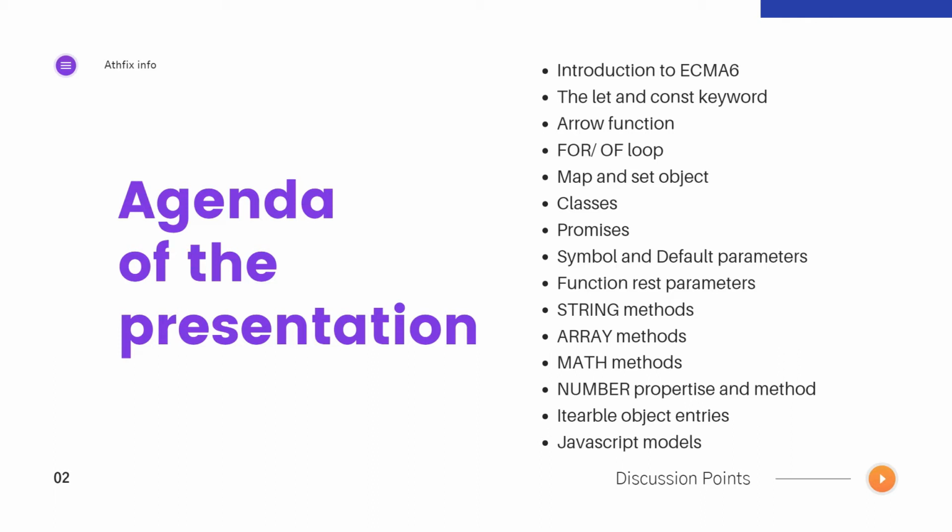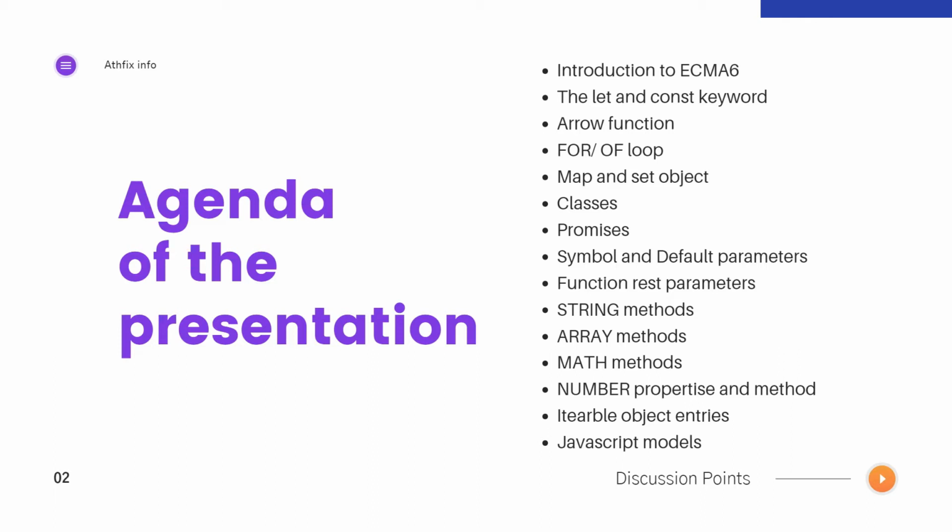And we have map and set, in which you can create an object and set the properties and values. And we have classes, in which we have a set of functions present in a class, and you can access all those functions using that class. And we have promises, in which we can decide what to do and what not. And we have simple symbols, and we have default parameters.